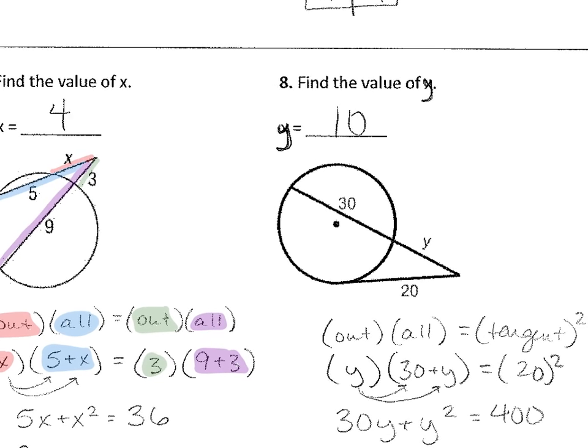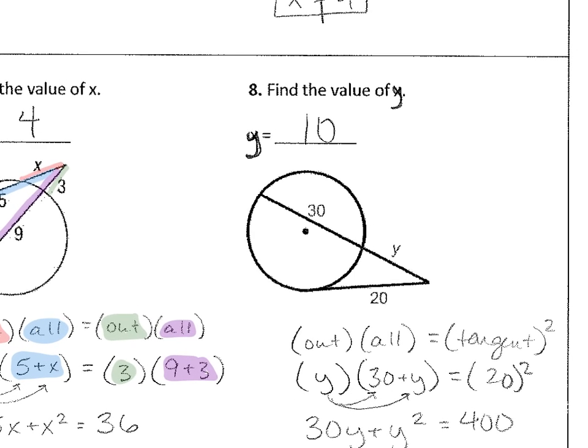So the formula I'm using for this problem would be the outside, which is y, multiplied by the whole thing, or all of it, which is 30 and y, equal to the tangent squared. So that's going to be 20 squared.